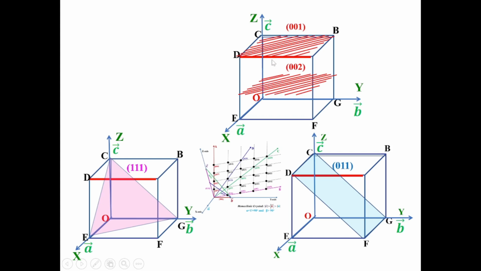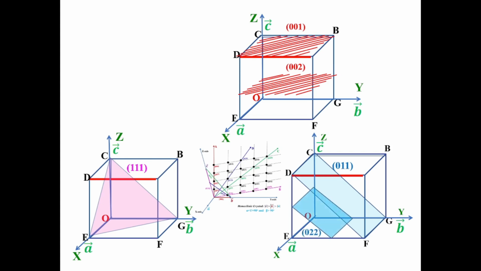So what will the intercept of this plane be? It will be infinite on the y-axis and x-axis, and 1 by 2 on the z-axis. If I take the reciprocal, it will be 0 0 2, right?